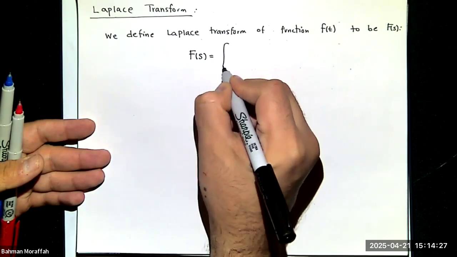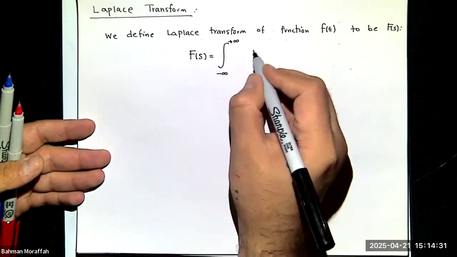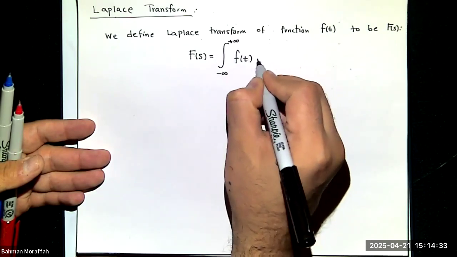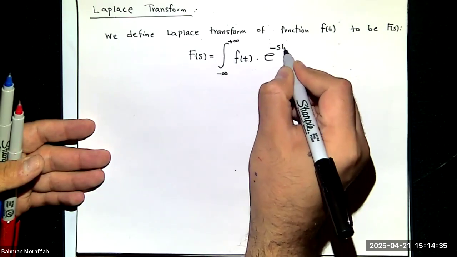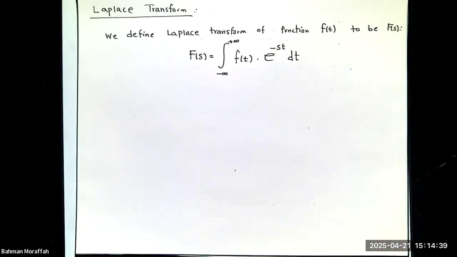F of s is the integral from minus infinity to plus infinity of f of t times e to the power of minus s t dt.